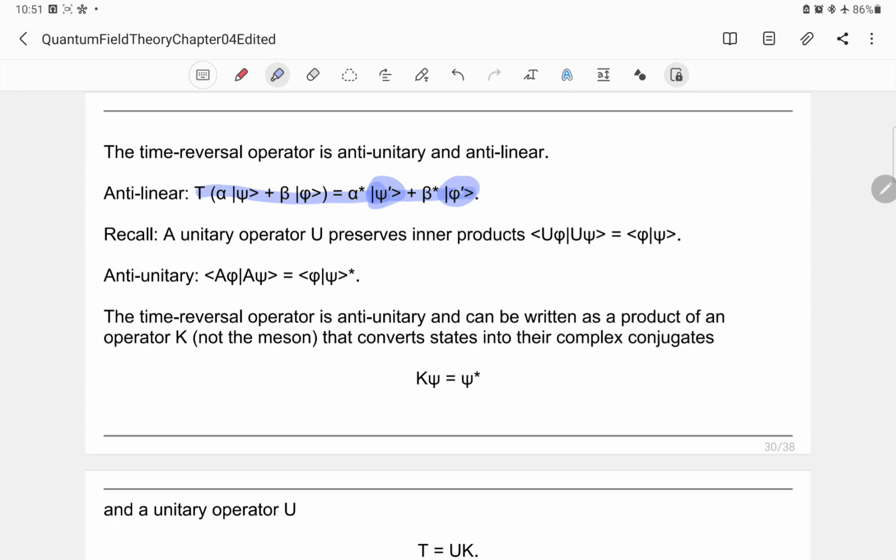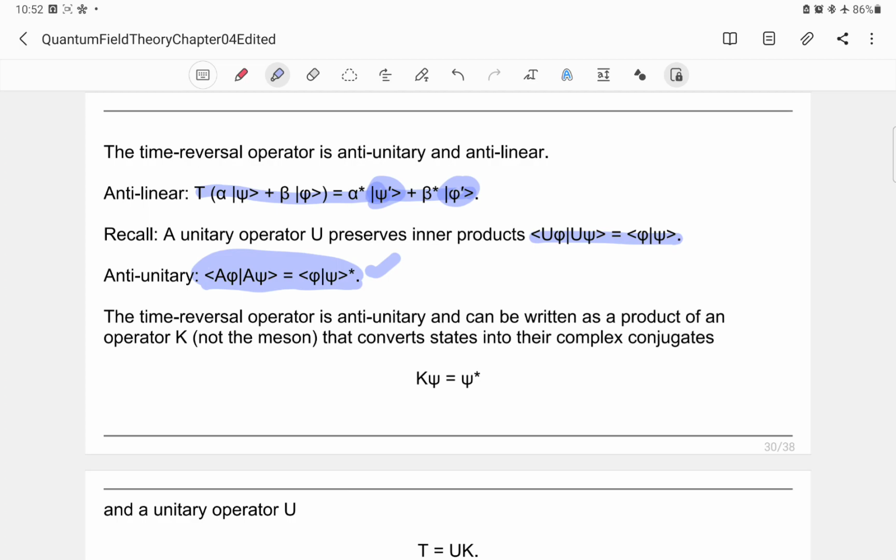And it's also anti-unitary because instead of preserving the inner product like here for the unitary operator, the anti-unitary T is actually given by this. This means that the inner product is the conjugate, not the original inner product, if you apply time reversal.